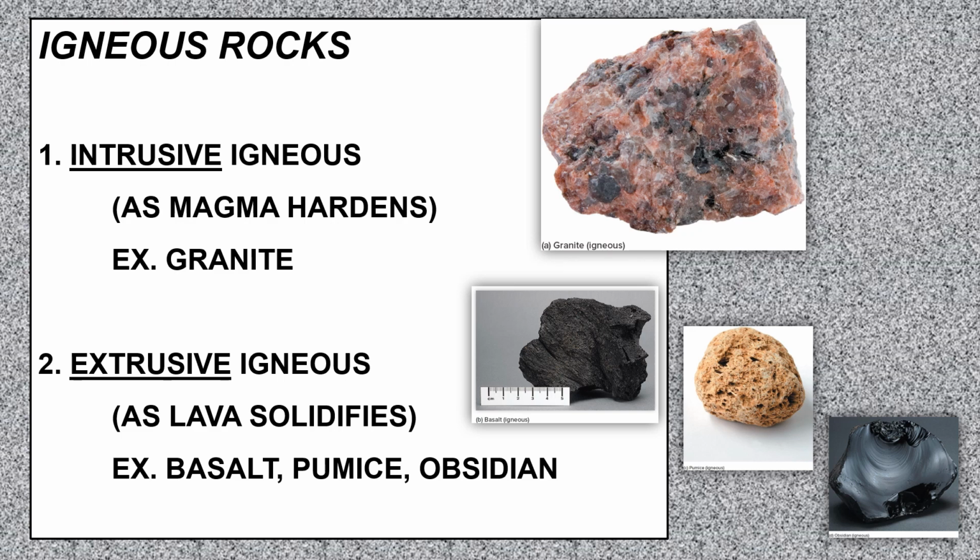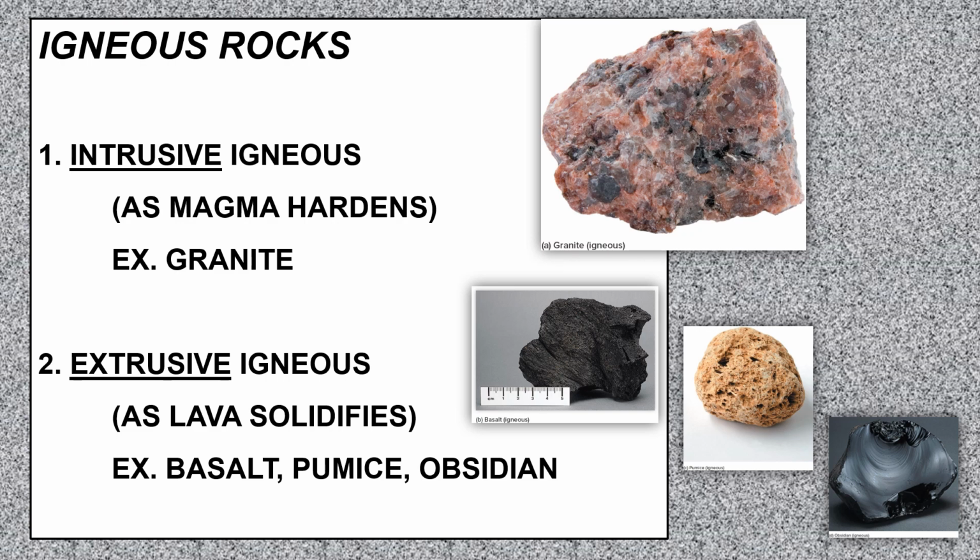All right, let's take a look. Igneous rocks. Well, there's a distinction between intrusive igneous and extrusive igneous rocks. These are the rocks that form from molten earth material. As magma hardens inside the earth, it forms intrusive igneous rocks.